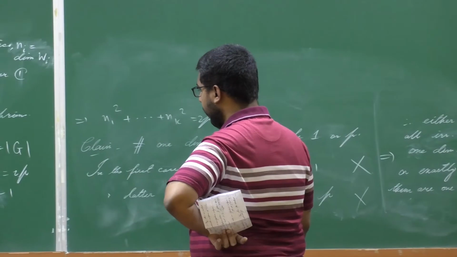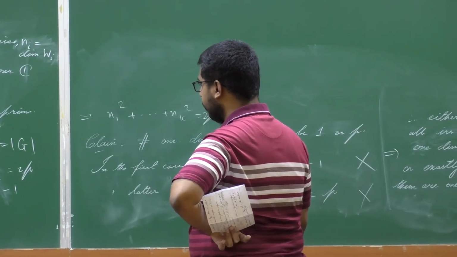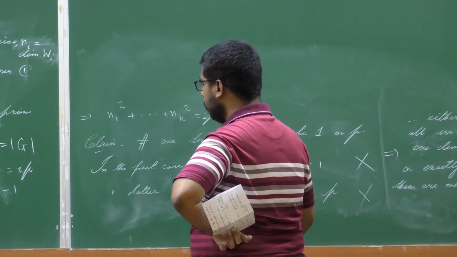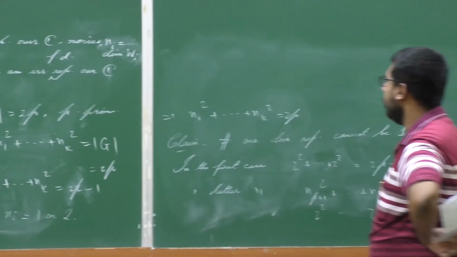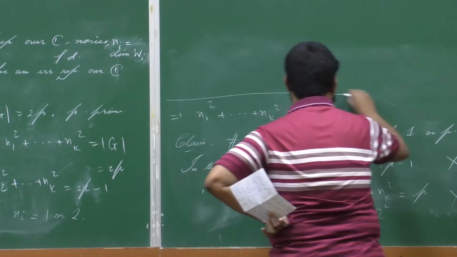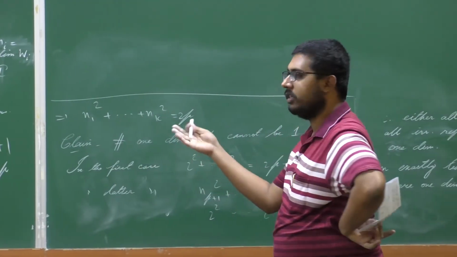Okay, I just made a small slip, I am sorry. So, what about the number of one dimensional representations of a group?